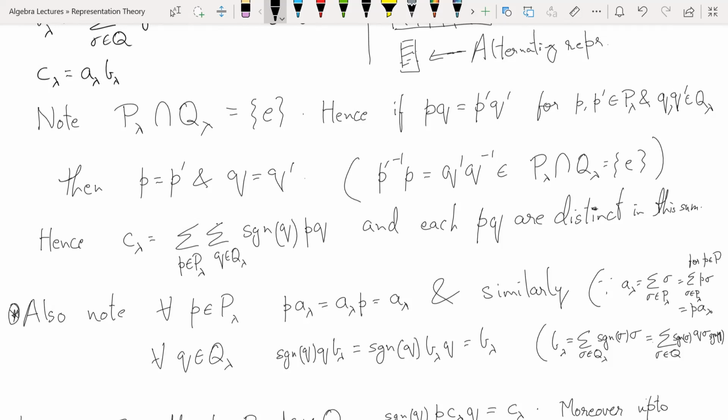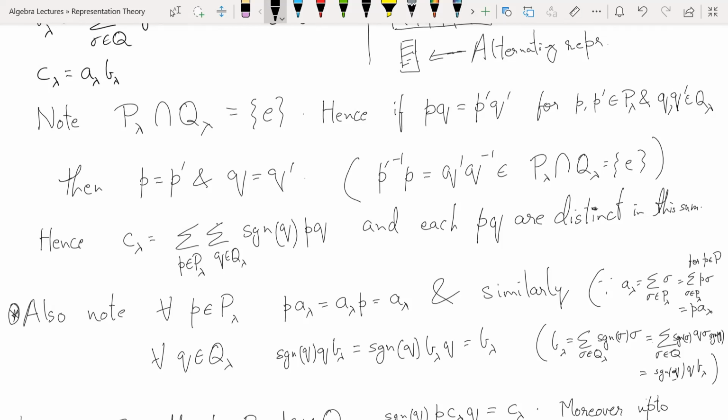Okay. Because again, sigma q times sigma is just a permutation of all the sigmas. And now you can just pull out this guy. Yeah, so it's the same as sign q times q b lambda.